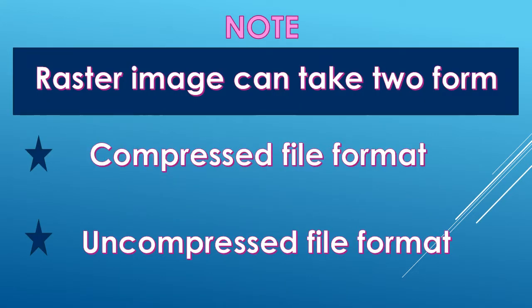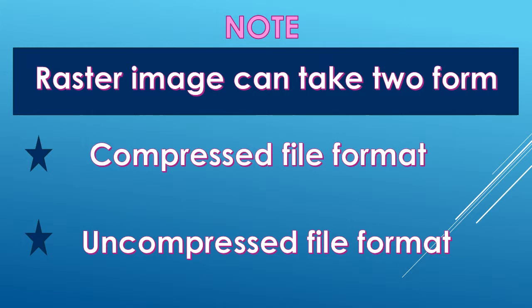Now, when we talk about the raster image that's made up of pixels, raster images can take two forms. Number one, they can be compressed, and number two, they can be uncompressed. Now, what the heck is compressed and what the heck is uncompressed? When we talk about compressed, remember I told you raster images are made up of pixels, and the amount of color in each pixel determines the quality of that picture.